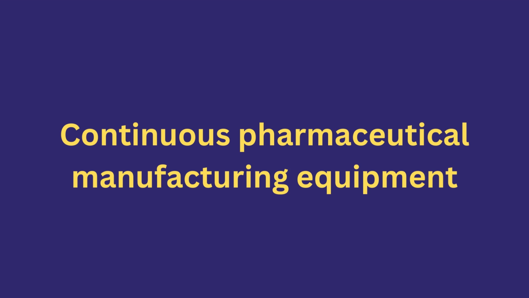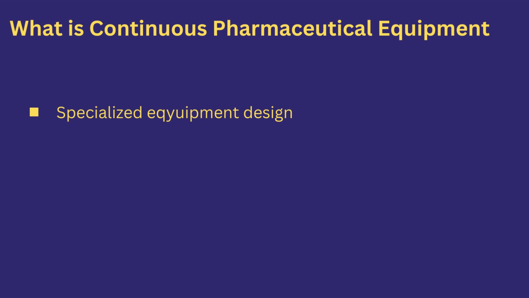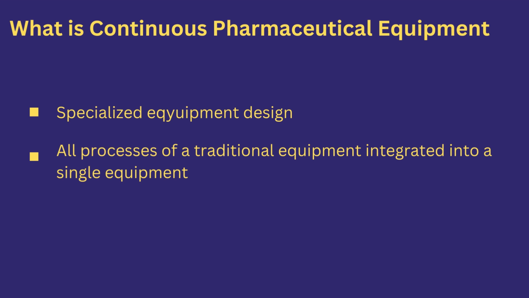Let's discuss equipment for continuous pharmaceutical manufacturing. Continuous pharmaceutical manufacturing is executed in specialized equipment which is different from traditional manufacturing equipment. All processes of traditional equipment are integrated into a single piece of equipment.